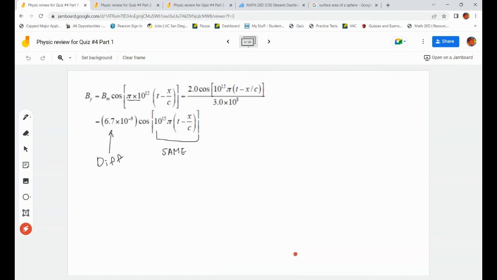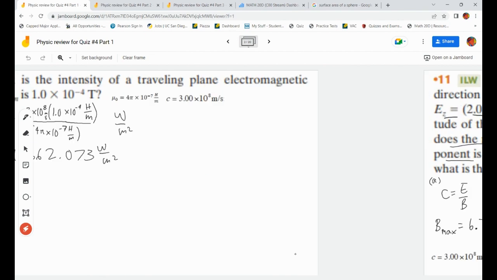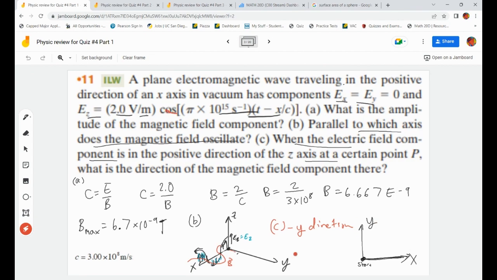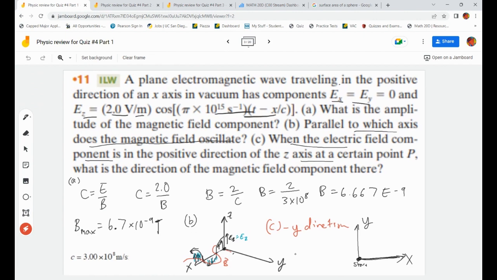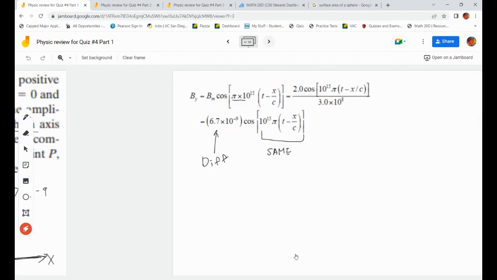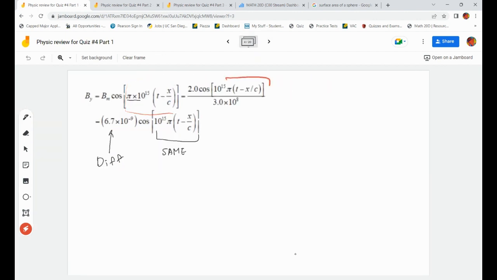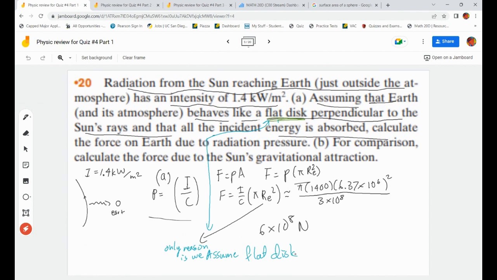There's still cosine, and it's very interesting that they don't change it. I thought there would be a change, but there is no change in the actual equation here. The only change is the B max, which is quite interesting, which kind of concerns me a little bit.